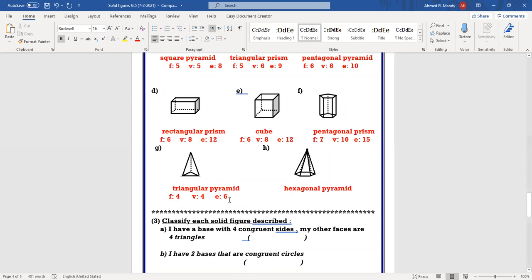And to find the number of its faces, hexagon has 6 sides. To find the number of its faces, we add 6 plus 1, it will be 7. And to find the number of vertices, also we add 6 plus 1, it will be 7.